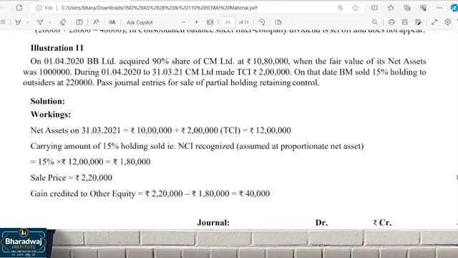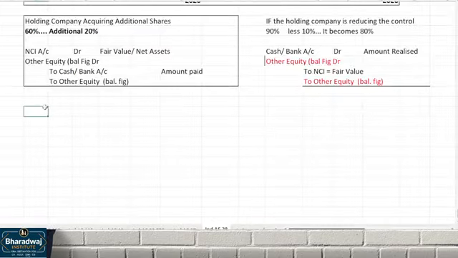What is the net assets at the beginning of the year? 10 lakh. During the year, they made a comprehensive income of 2 lakhs. 15% of the holding we are going to sell. So this is the illustration.